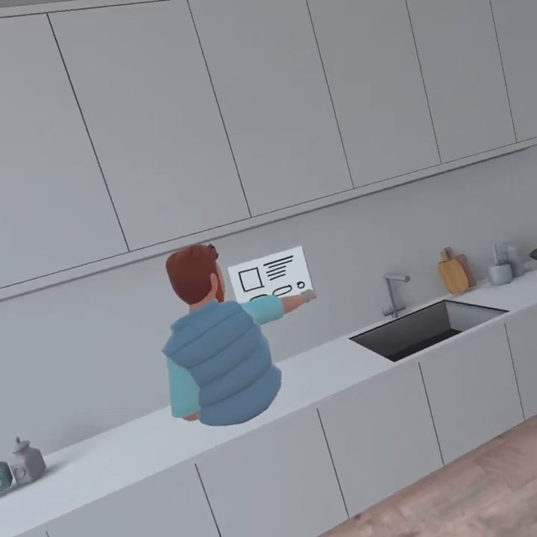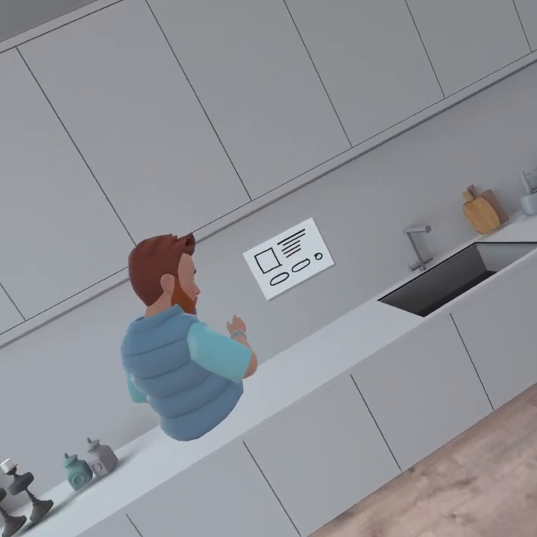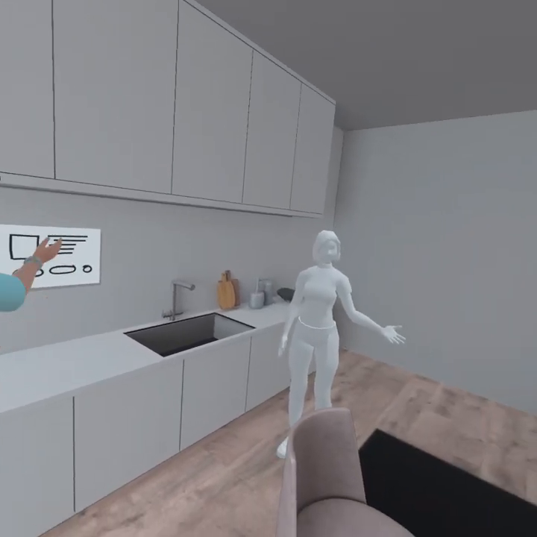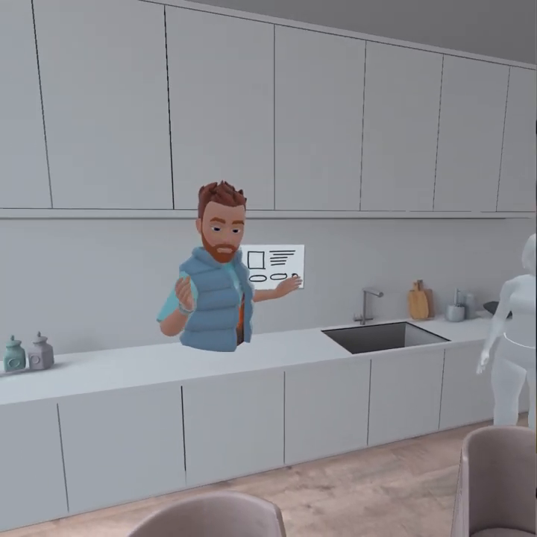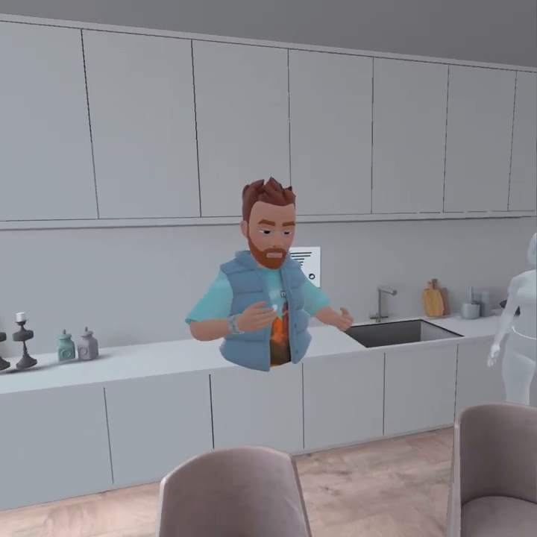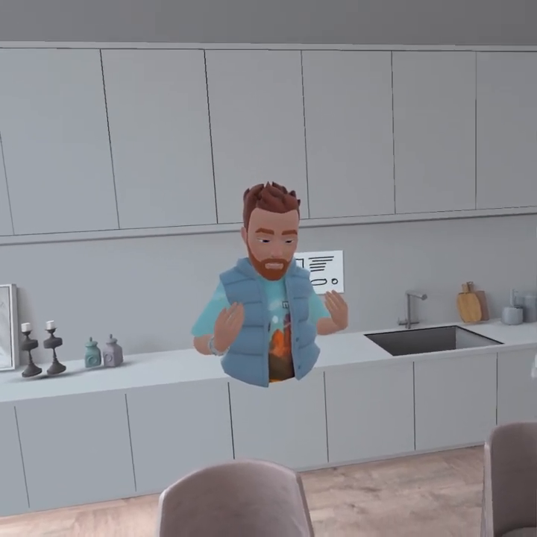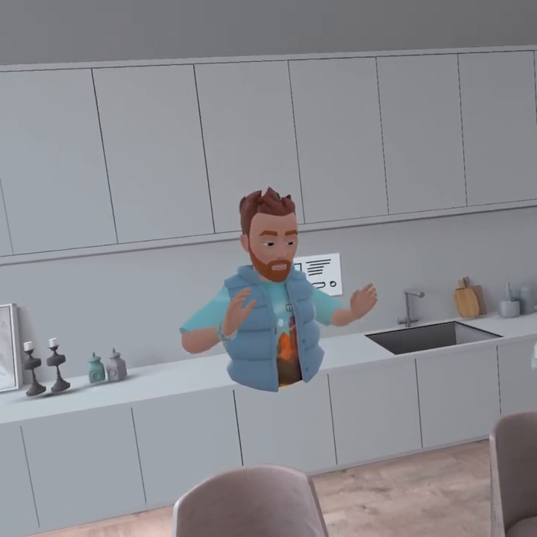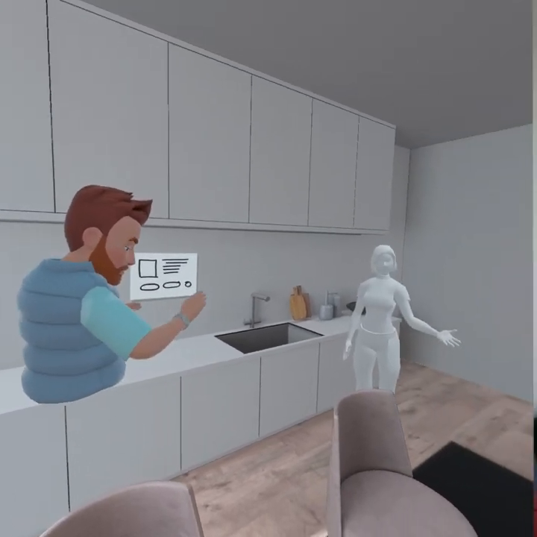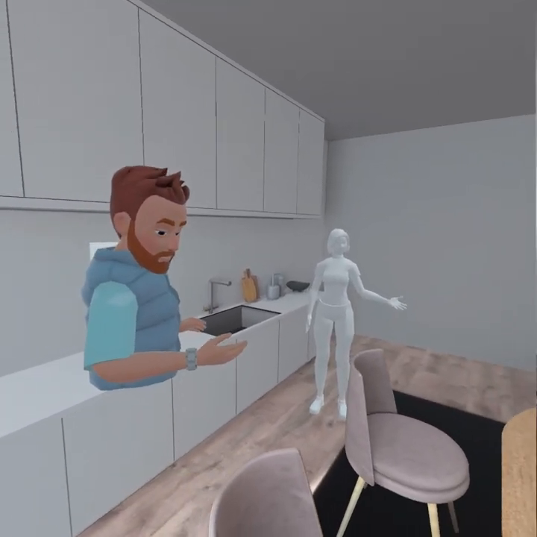Maybe we have an AR display right here, and we would just have a piece of paper and then we'd stick it on the wall. And this would be a great way to understand the physicality and ergonomics of the situation, as well as the social situation you're in.